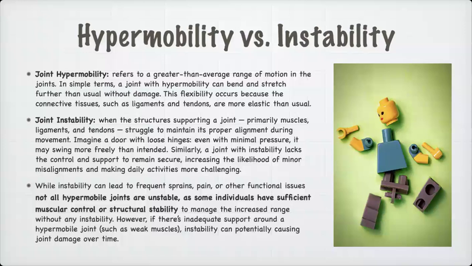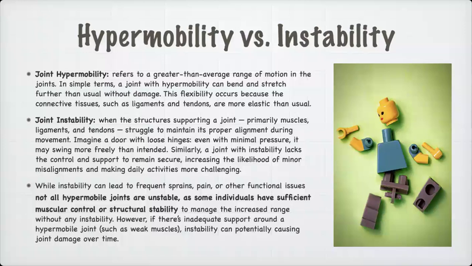Similarly, a joint with instability lacks control and support to remain secure, increasing the likelihood of minor misalignments and making daily activities more challenging. While instability can lead to frequent sprains and pain or other functional issues, not all hypermobile joints are unstable, as some individuals have sufficient muscular control or structural stability to manage the increased range without any instability.